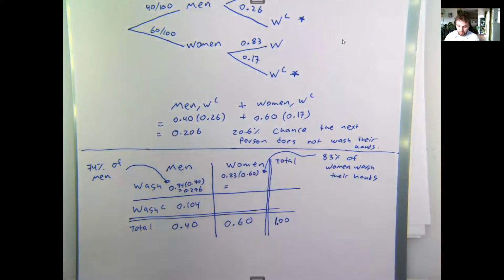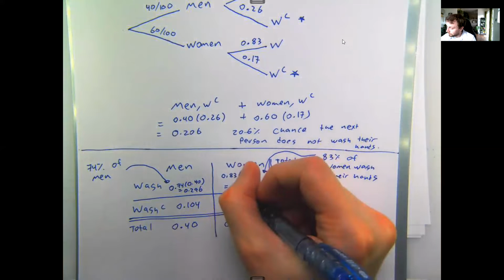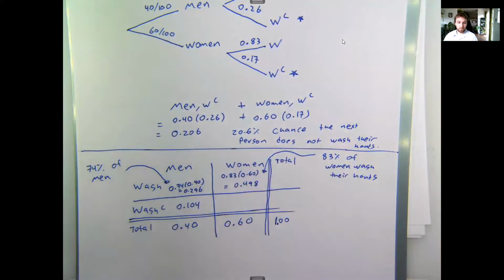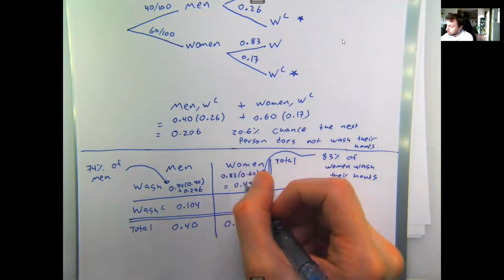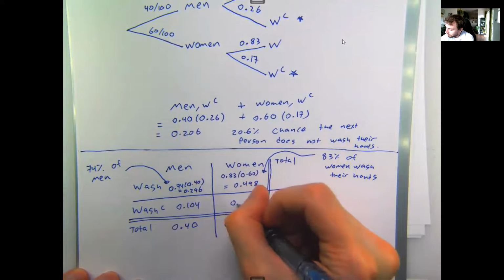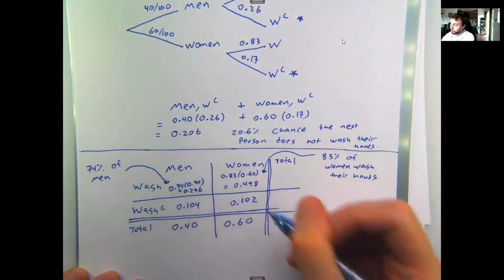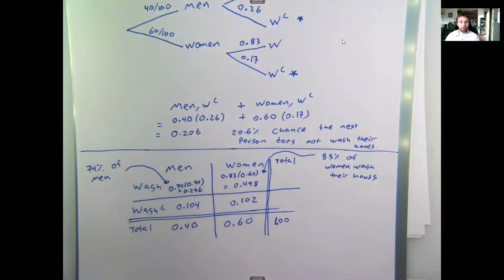When I'm multiplying those together, 83 and the 60, this gives me 0.498, or 49.8%. Looking at the totals, if I want this to add up correctly, this should be 10.2%. 10.2% are women that don't wash their hands.